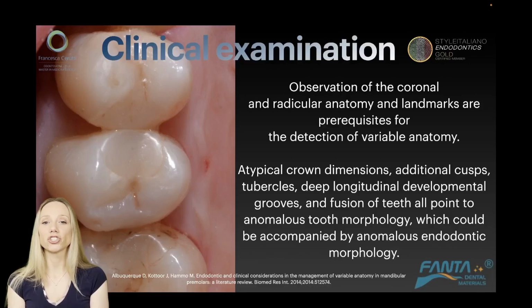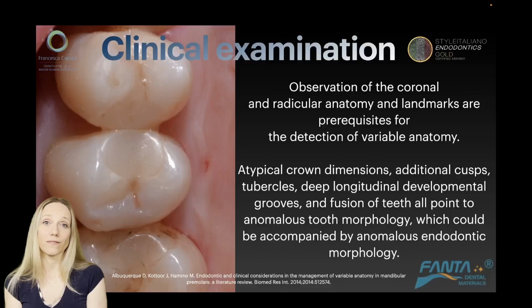If you have an additional cusp, tubercles, or deep developmental grooves, you can think about a bit of a bifurcation of the root. And if you see fusion of teeth, you can think you are going to have a strange root morphology.